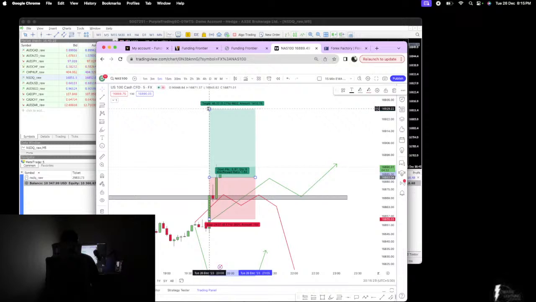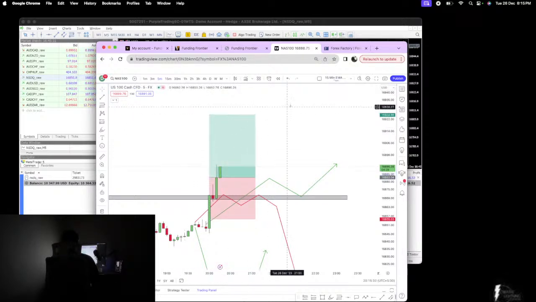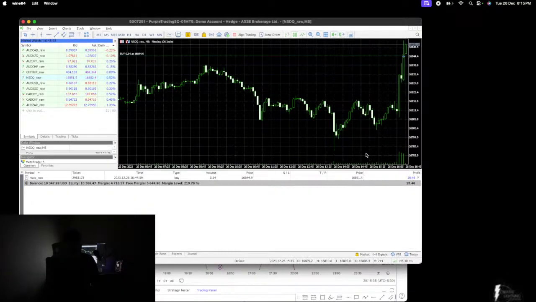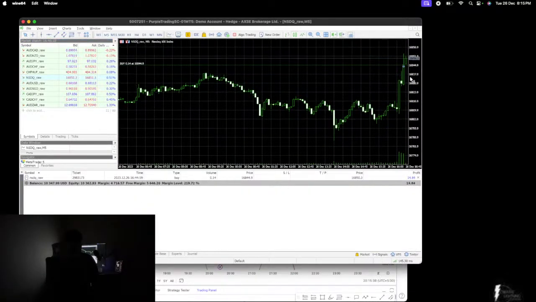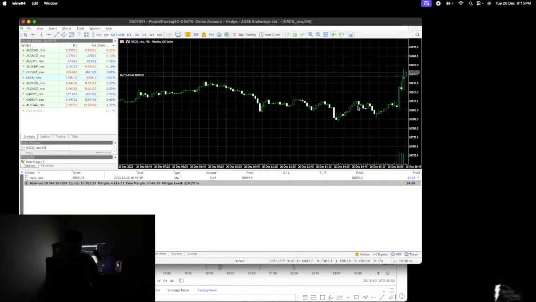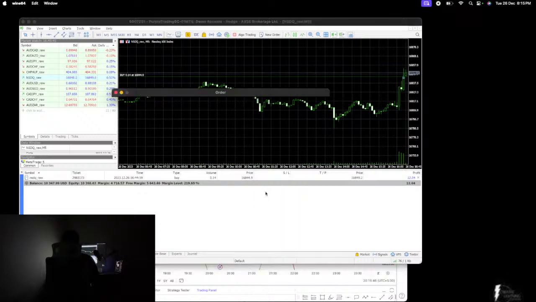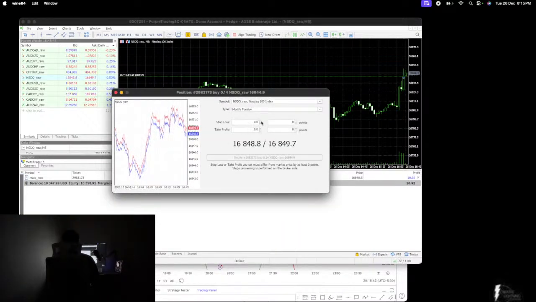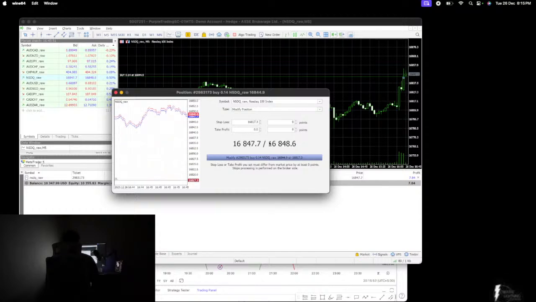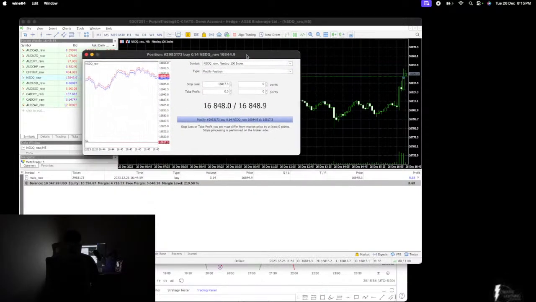So I'll take this trade initially for 1:1.5. So my stop loss is at this level, 16817. And our entry price is 844.